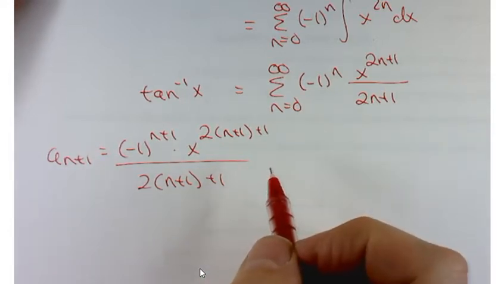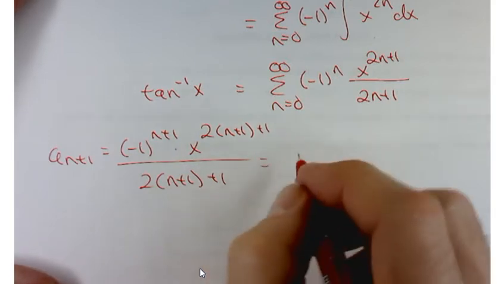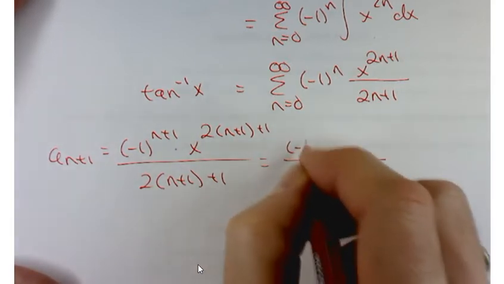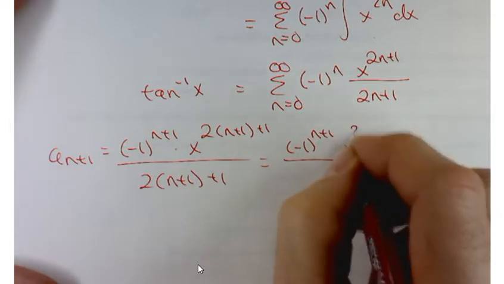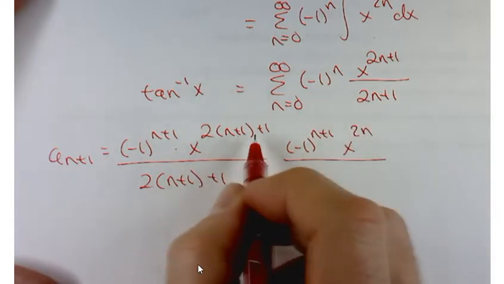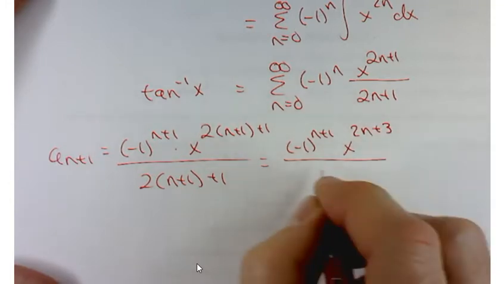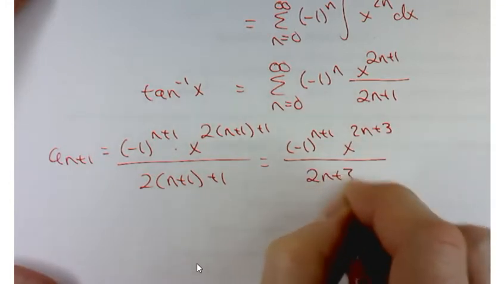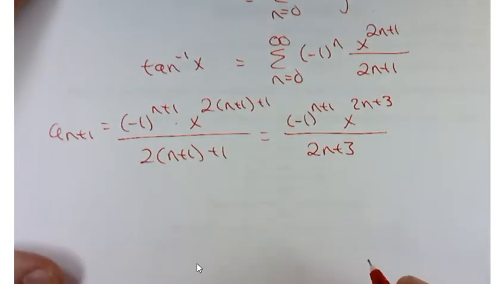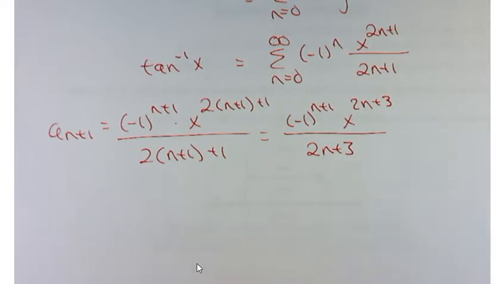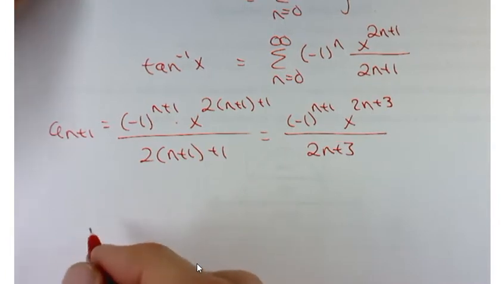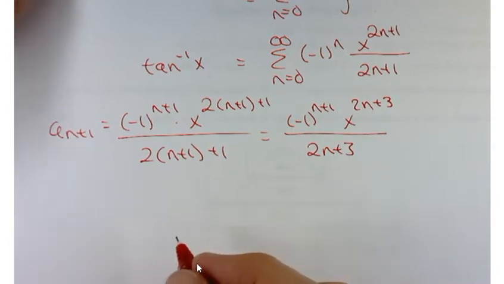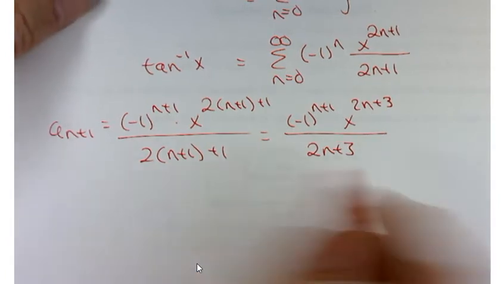Anyways, negative 1 to the n plus 1 times x to the 2n plus 2 plus 1 again would be 2n plus 3, over 2n plus 3, like that. Since it's not on the missing video for section 9.8 part 1, we can do it here.